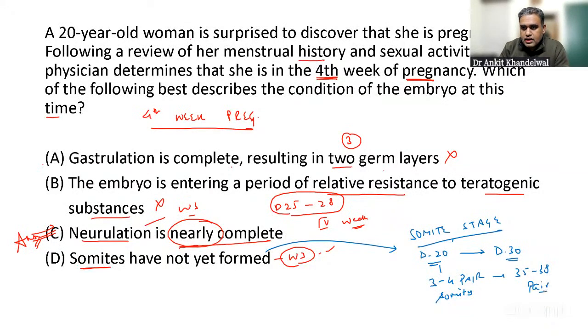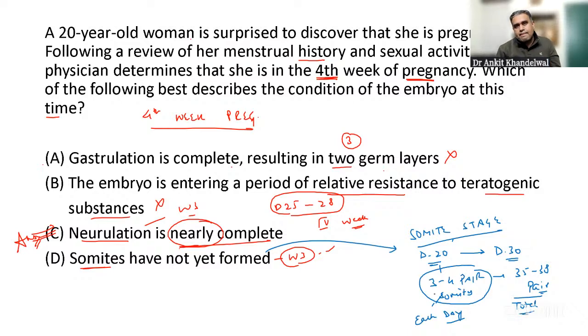Understand this. So if you see a picture which is showing you, say, 15 pairs of somites, okay, 3 to 4 days have passed at least. So the embryo might be around 23, 24 days. Yes or no? Each day, 3 to 4 pairs of somites are formed, and the total number comes out to be around this much.